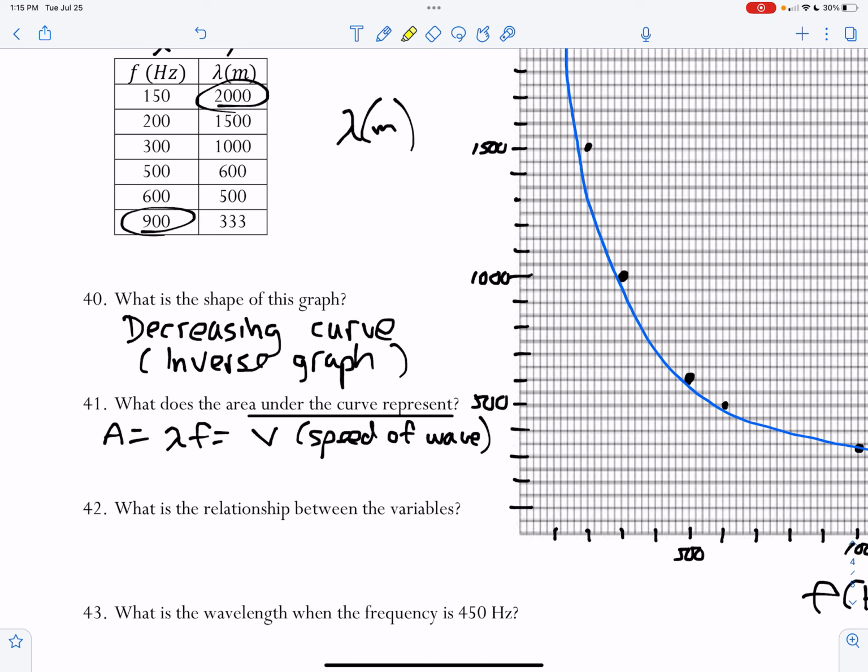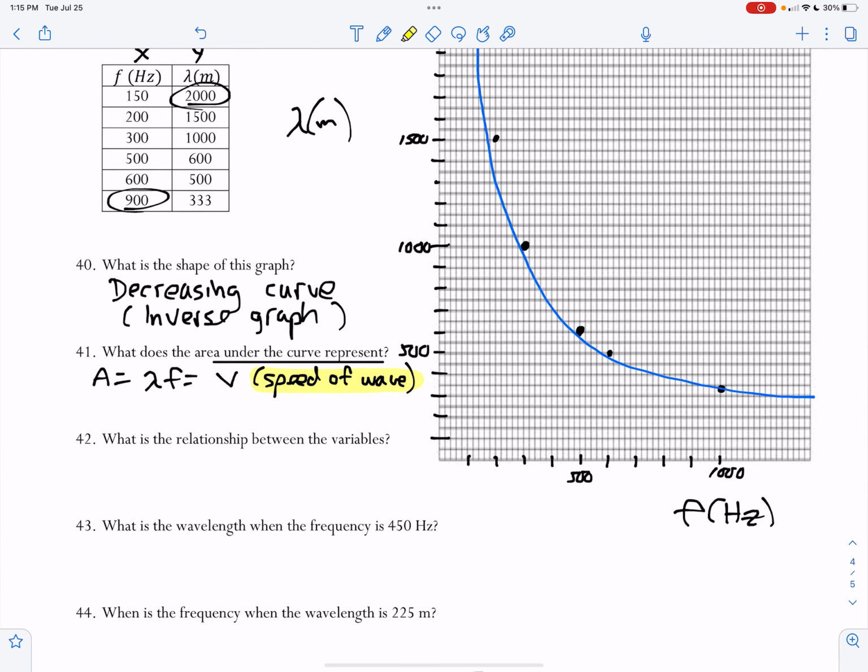I know that seems like a random idea here, but yeah, frequency times wavelength is the speed of the wave. What is the relationship between those variables? Well, lambda, the wavelength, is inversely related, meaning as one goes up, the other goes down, to frequency.